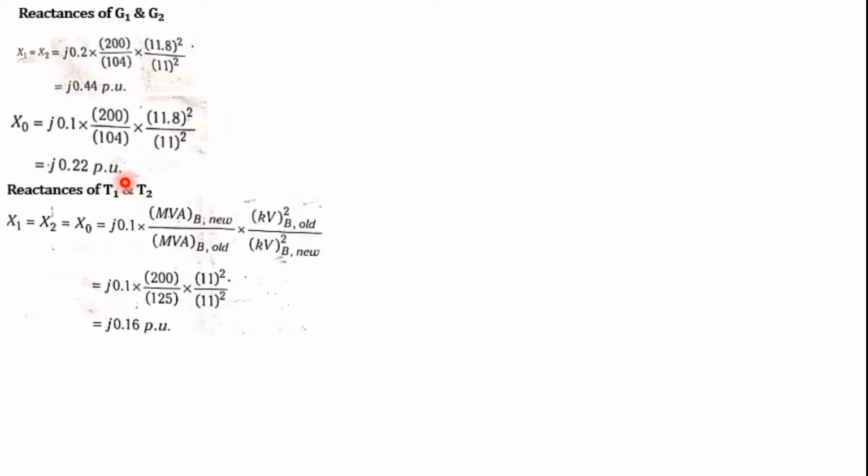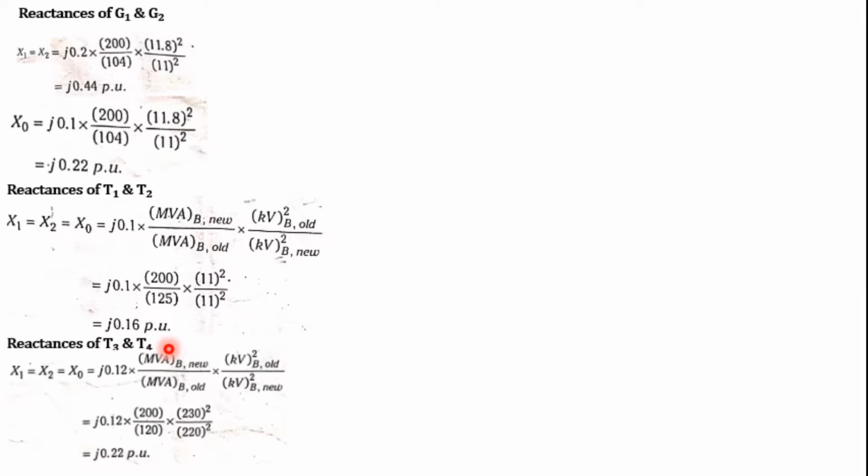Coming to transformers T1 and T2, x1 equals x2 equals x0, because it is given as 0.1, the new MVA base is 200, and the old MVA base is 125. You can consider either the low voltage side or the high voltage side.